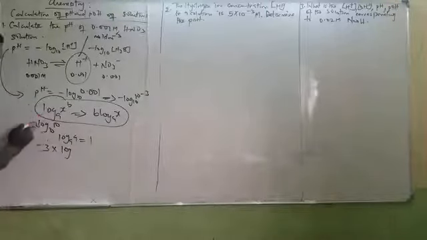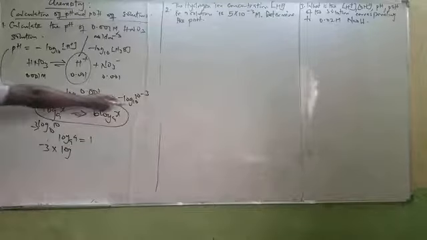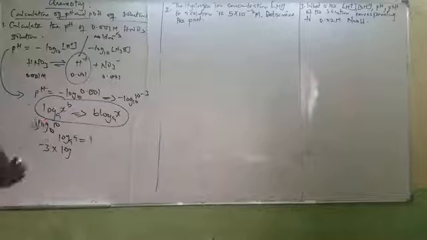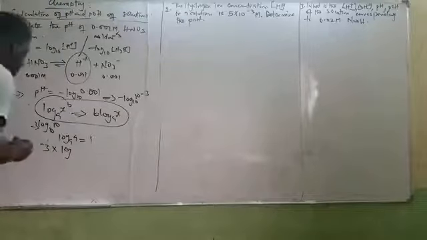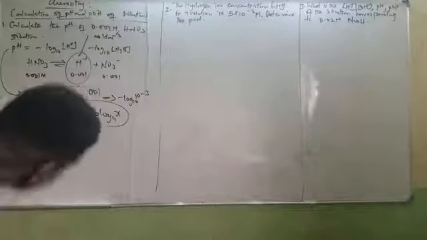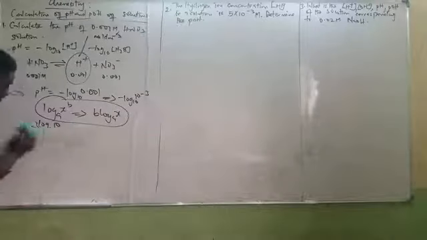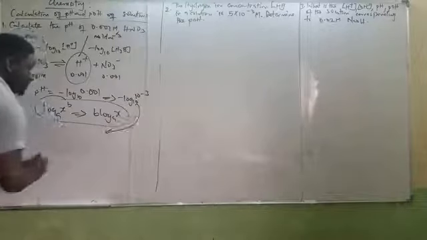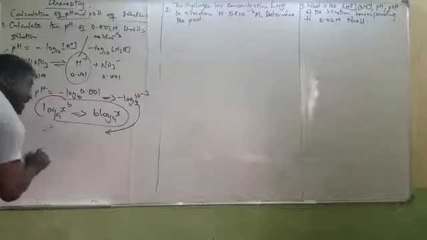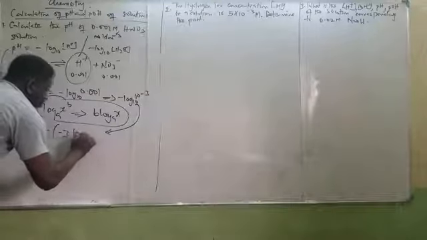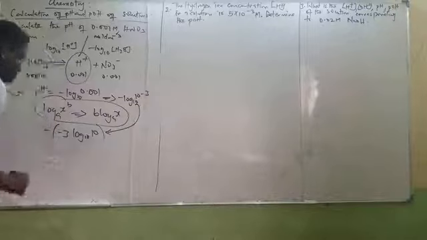okay, there's a mistake here because initially we have a minus here, right? So if we are interpreting this to be this, it means that we are bringing this down a bit. If I'm bringing this down to this point, I'm having something like this, minus into minus 3 log 10 base 10, right?